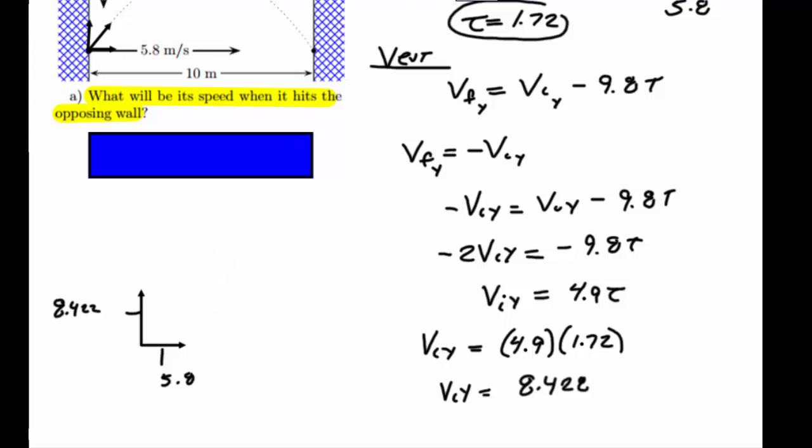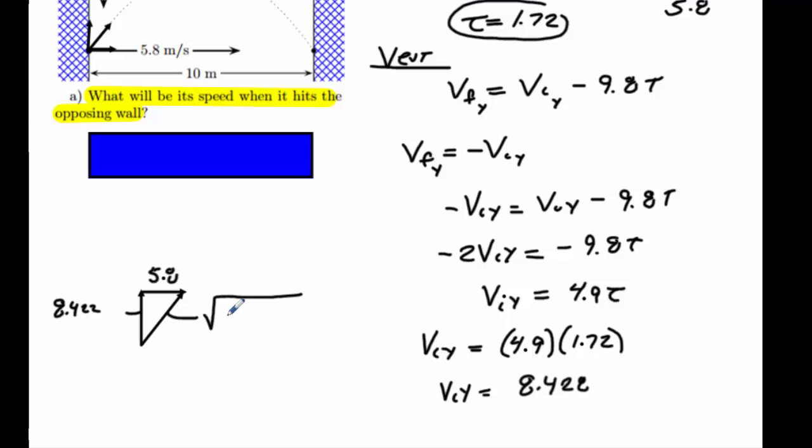Again, we know when we add vectors that we add them head to tail. All we do is come up here, add that one, and then our resultant vector would be right here. So it's 5.8 also.